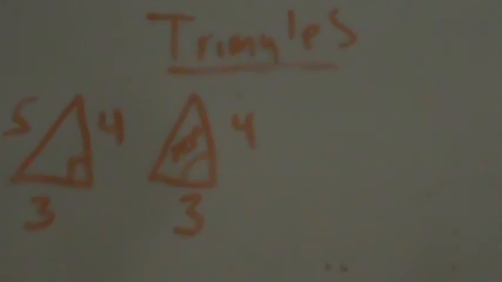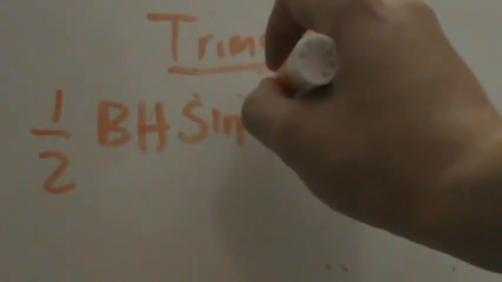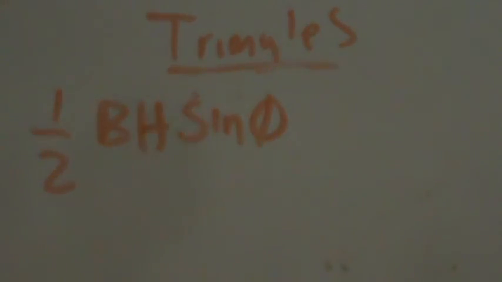So what is the difference here? Well, this is the idea that goes with the law of sines, but what you're writing here, when you write the formula for what you're doing, and you don't even know it, the area for a triangle is 1/2 BH sine theta. So basically the area of a triangle is the base times the height times the sine of the angle that is between the base and the height.